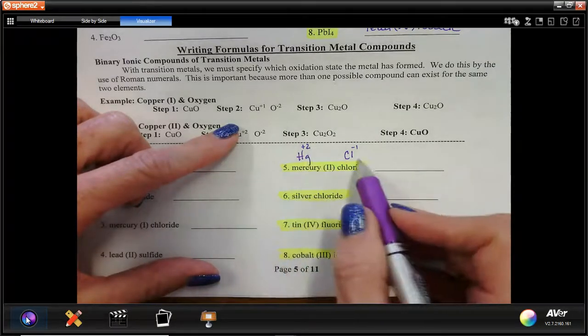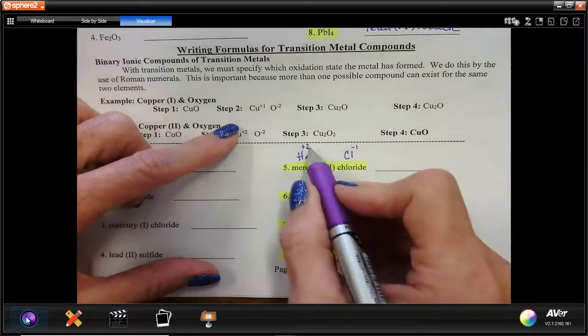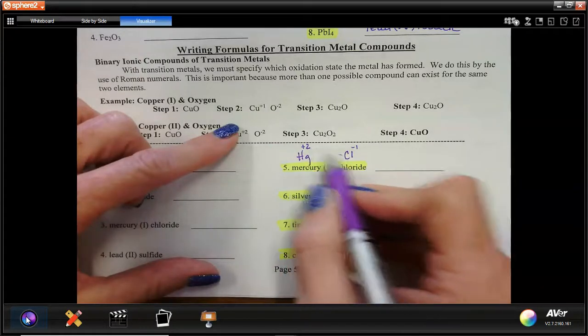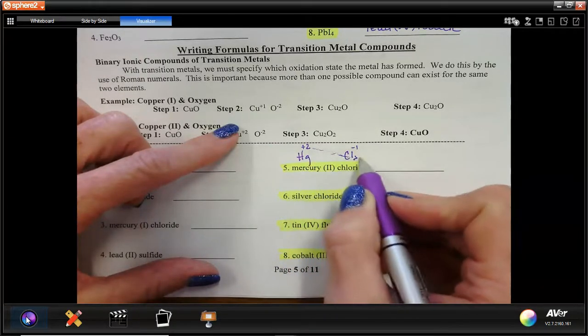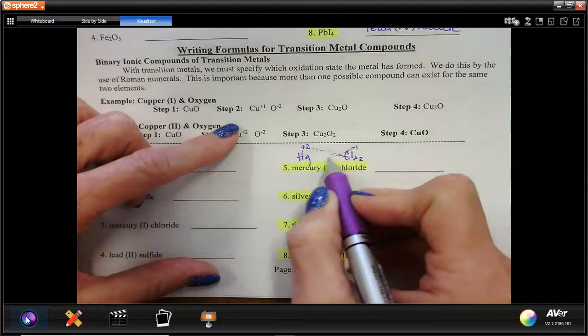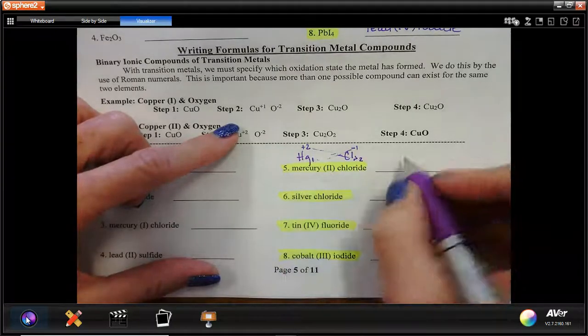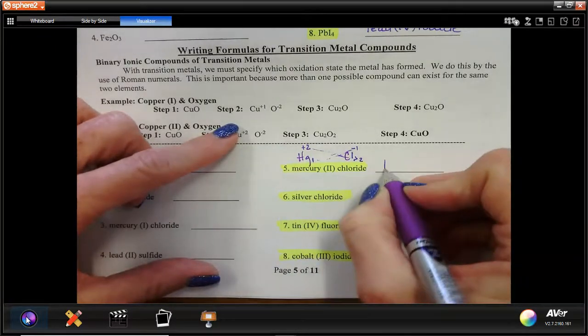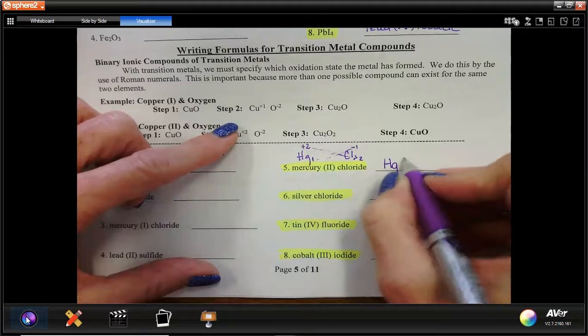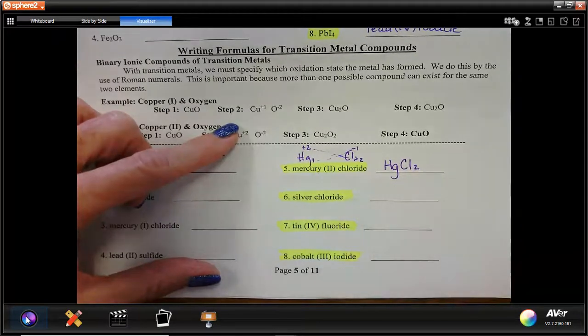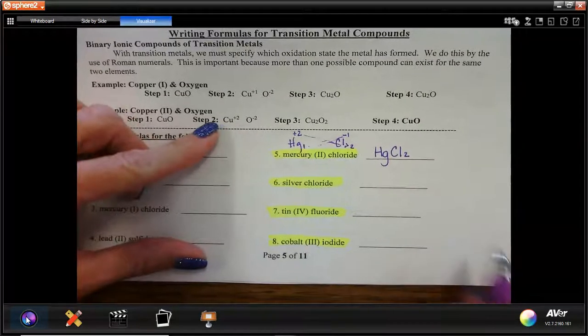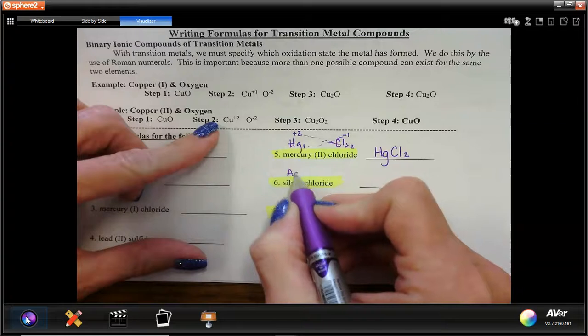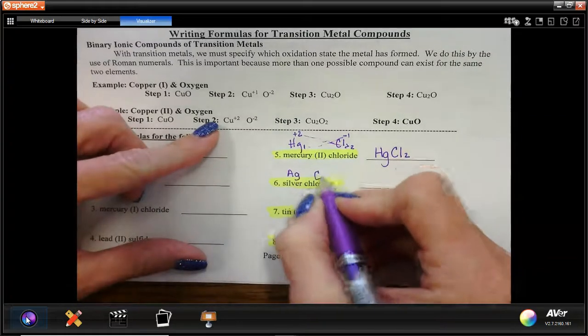So we're going to crisscross these and leave the charges behind. I'm going to make that 2 and put that 1 right there. So the formula for mercury(II) chloride would be HgCl2.